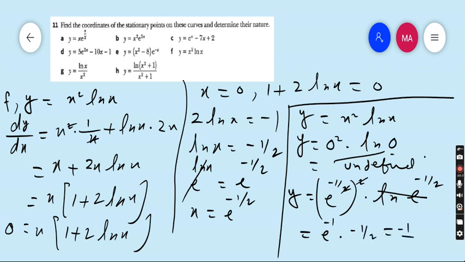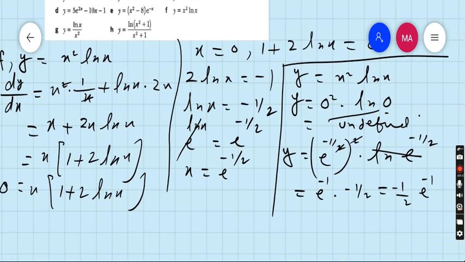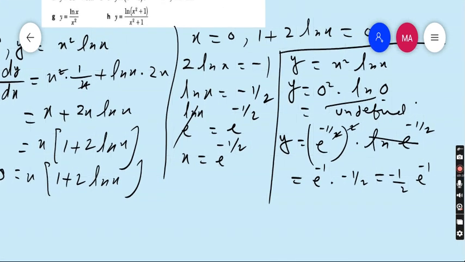So minus 1 upon 2 e power minus half is the value of y. Therefore we have only one stationary point, which is x is equals to e power minus half, comma y is minus 1 upon 2 e power minus 1.